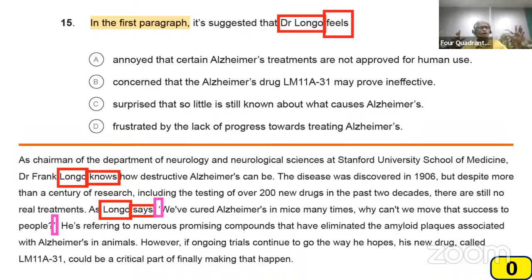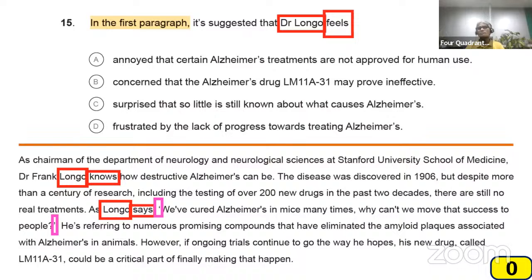We have cured Alzheimer's in mice many times. Many times, multiple times, numerous times, several times. We have been successful. That result was wonderful.